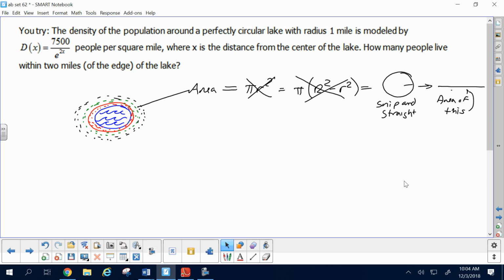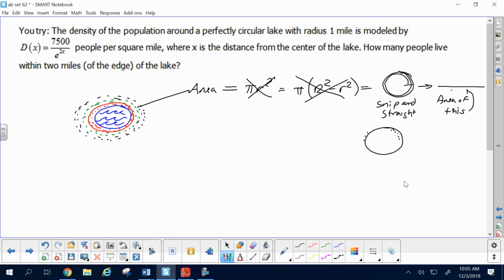So first of all, if you're anything like me, I thought, what the heck? How come you said area, and I'm finding the area of that ring? Why are you throwing this complicated idea? Well, it's because this density changes not just from mile to mile, but from foot to foot. And so that area you're trying to find is basically the area of all the people on that little ring.